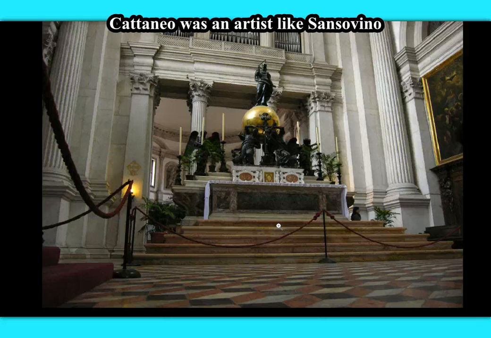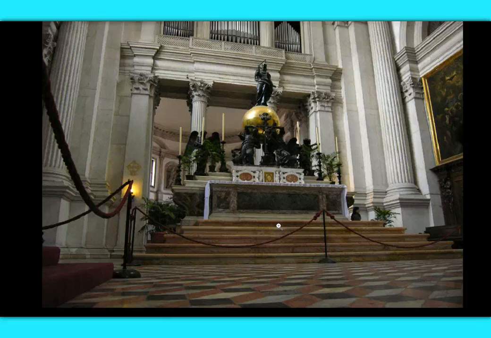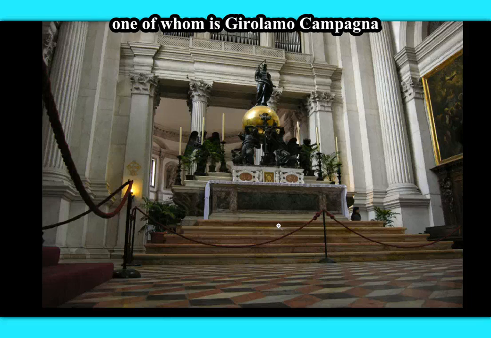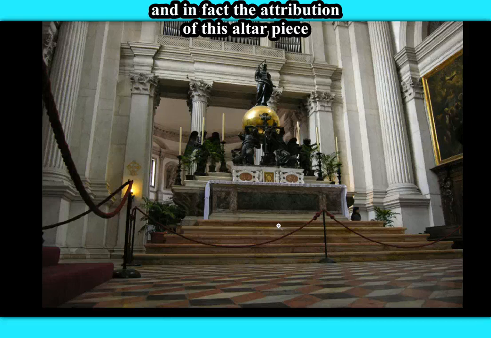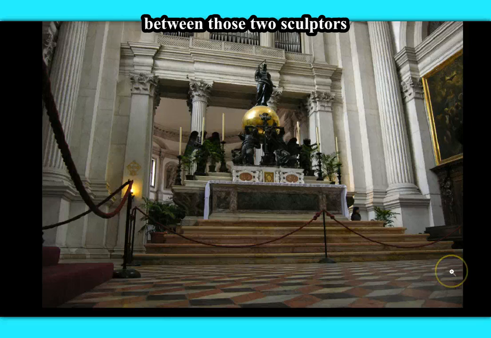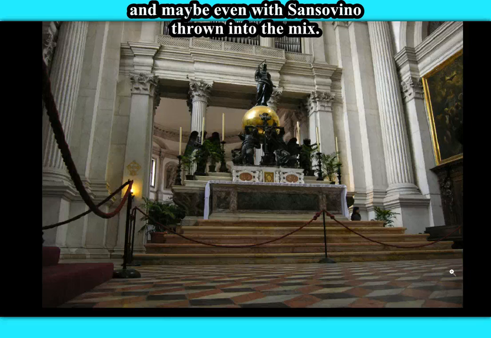Cattaneo was an artist like Sansovino that fled Rome after the sack of Rome and was working with some other sculptors, one of whom is Girolamo Campagna. And in fact, the attribution of this altarpiece is given as a collaborative effort between those two sculptors, and maybe even with Sansovino thrown into the mix.